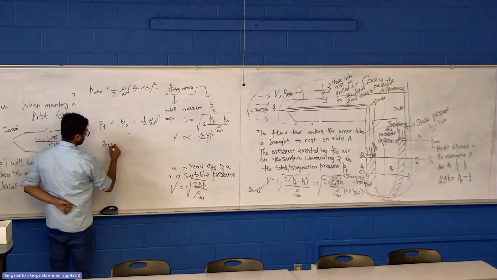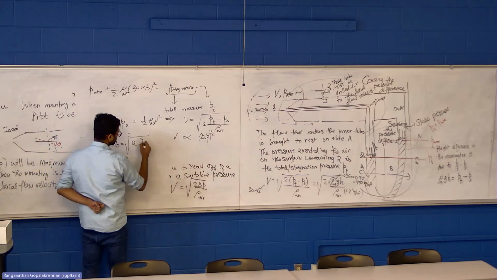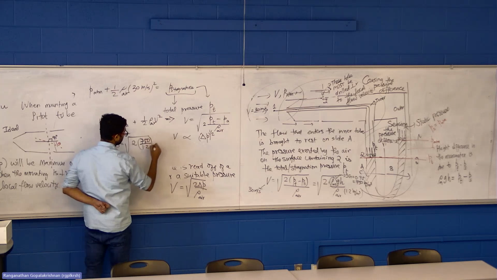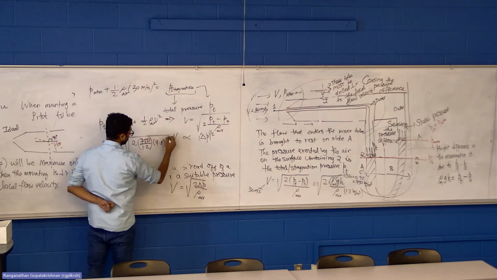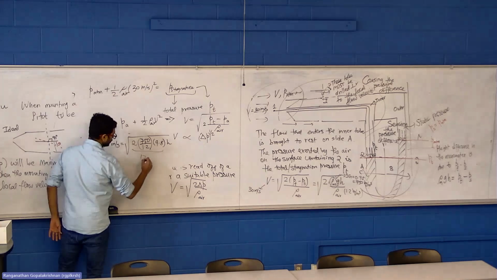All right, 30 meters per second equals the square root of 2 times density of the manometer fluid, which is 750, minus density of air, 1.2, times g, which is 9.8, multiplied by H. So this is about 1250.